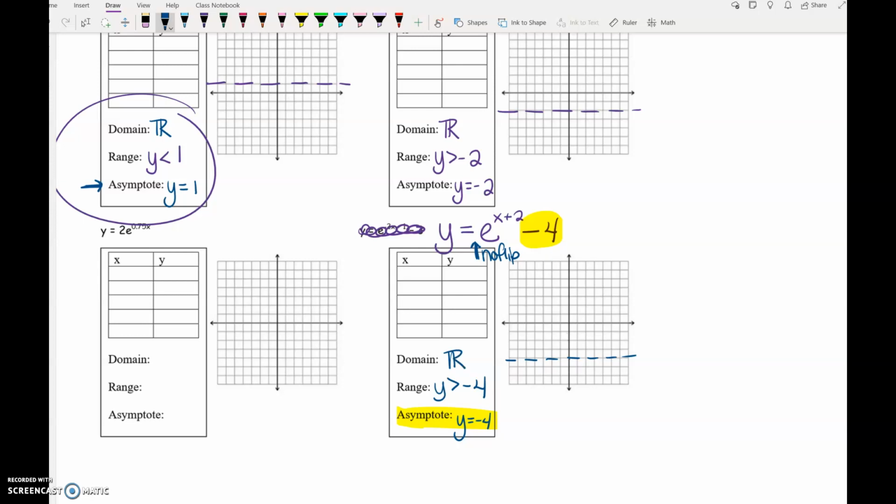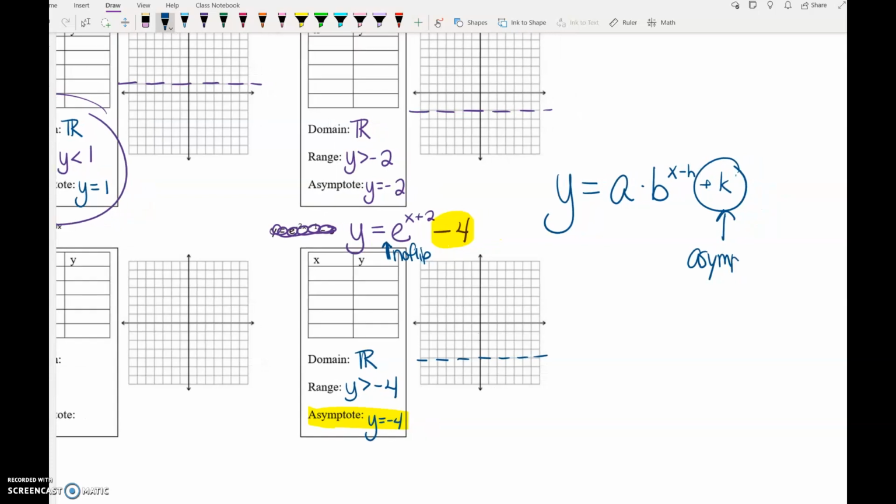So really, before you graph, you're looking at x minus h plus k. You're looking here to get your asymptote. Your asymptote is basically y equals whatever that k value is. Then you're looking here.